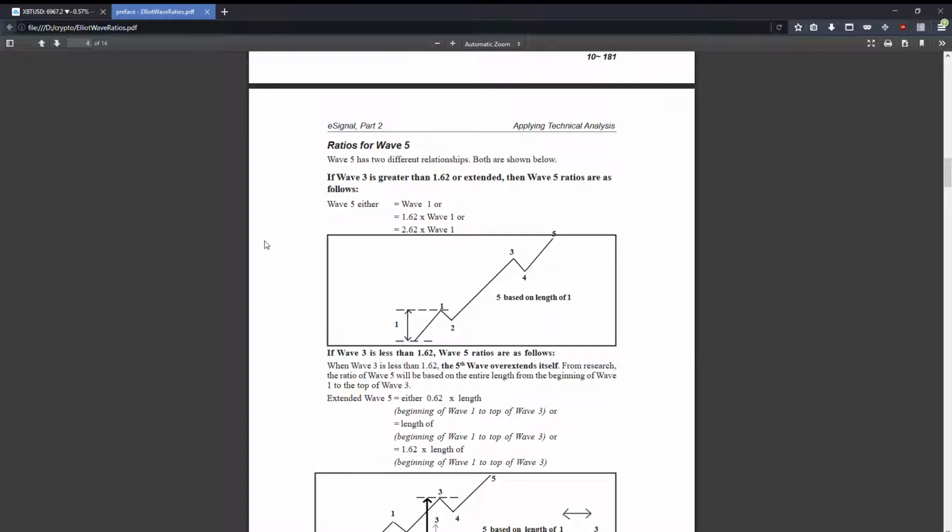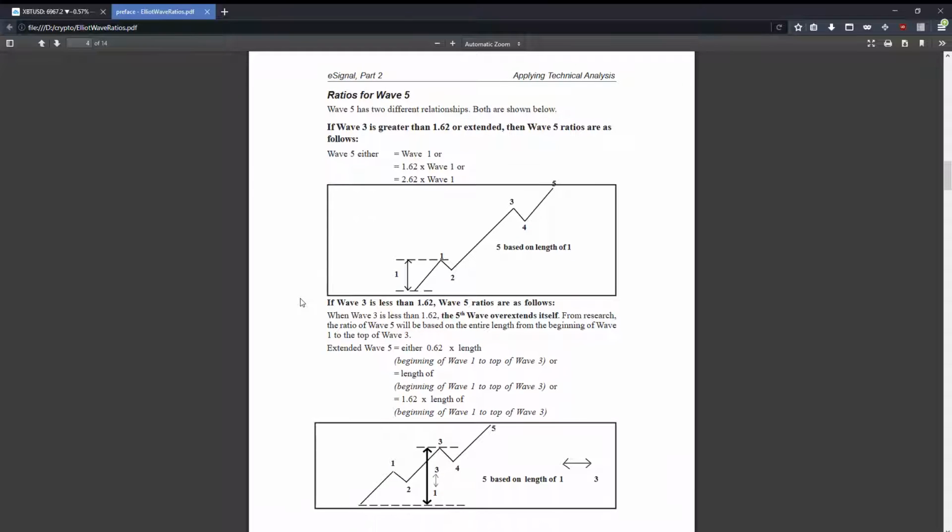So ratios for wave 5. There's a few different examples here, and they're based off of wave 3. So this is saying if wave 3 is greater than 1.62 or extended, we haven't gone over extended, but we'll maybe touch on that later, then wave 5 ratios are as follows.